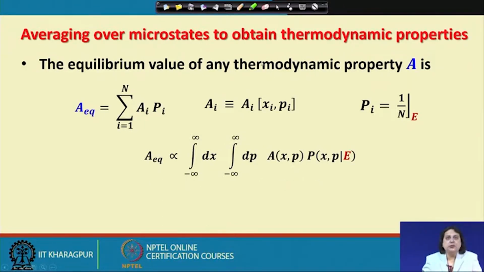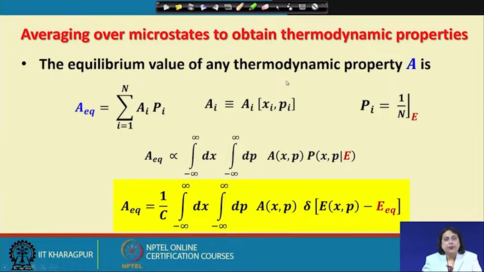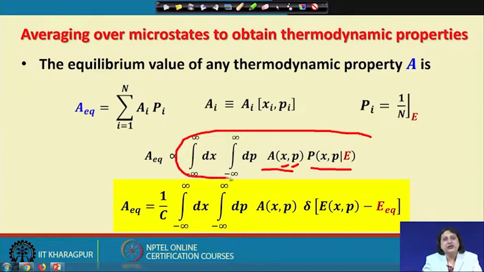For a given microscopic state, I am looking at this A(x,p). For a given microscopic state that is characterized by the coordinates x and p, I calculate what the value of A is. Then I multiply it with the probability of observing the system in that microscopic state when it obeys the constant energy condition, and then I sum over all possible values of x and p.